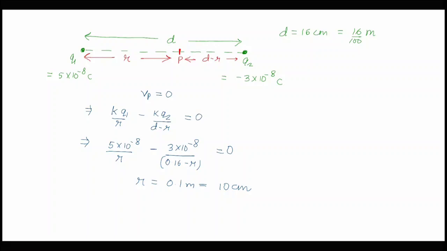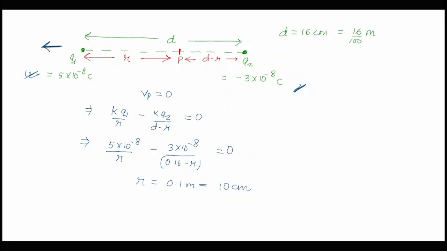Now if we look at another point where the potential can be 0, we are considering a point towards the right of Q2. It is because this charge is pretty large, and near and beyond this, that is on the left hand side, the electric potential cannot be nullified by a smaller charge. So that is the reason we are taking another point on the right of Q2.